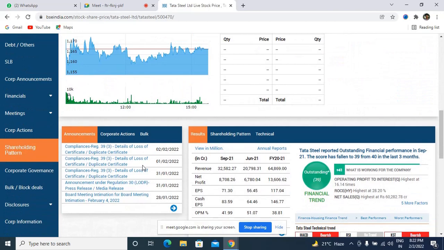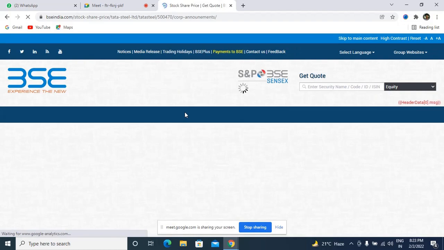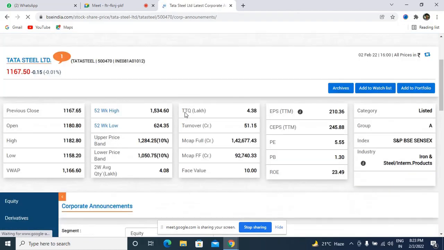Then you scroll down. As you can see, there is one tab: announcements, corporate action, bulk, right? Can you guys see this? There is one arrow over here, right? So you guys just click on it. Everyone should look at it.